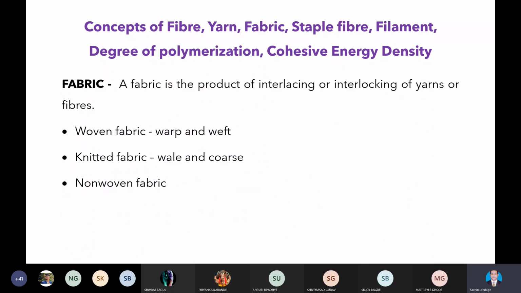Then next regarding the fabric. Fabric is a product of interlacement or interlocking of yarns or fibers. Three different terminologies.